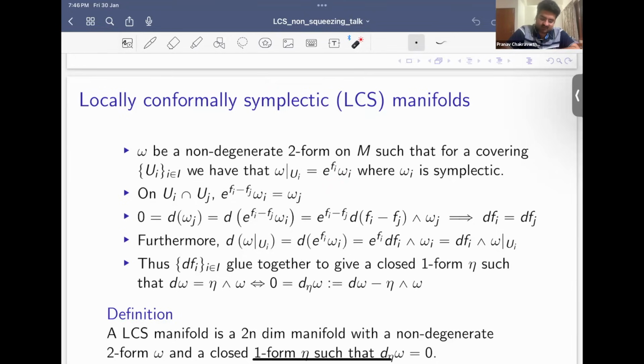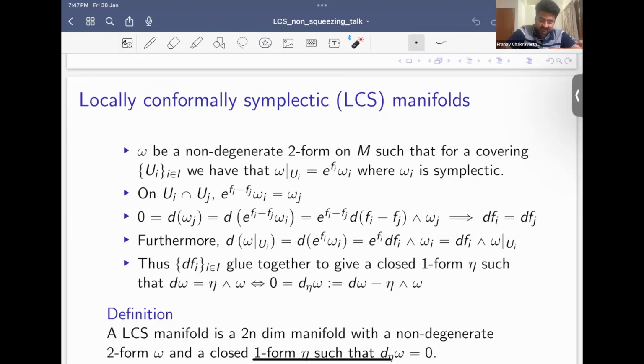So omega_i is a symplectic form, and I need it to be e to the phi_i, where phi_i is a function on the open set. Because omega patches together on each intersection U_i intersection U_j, I would require that omega_j is e to the phi_i minus phi_j times omega_i.